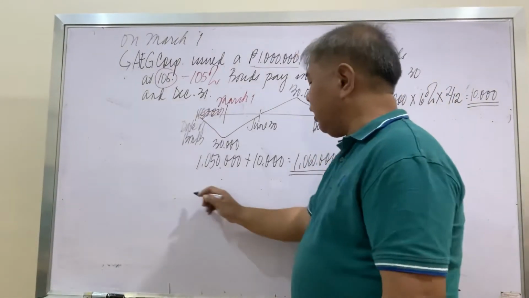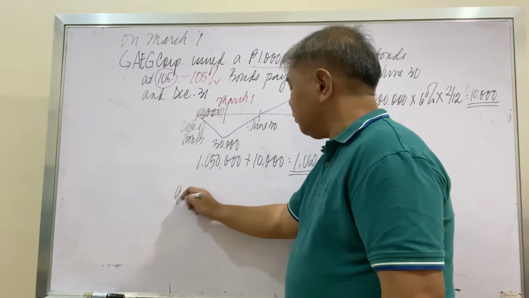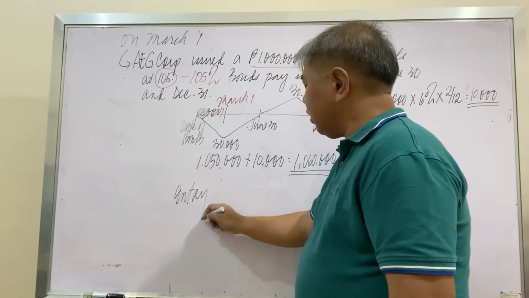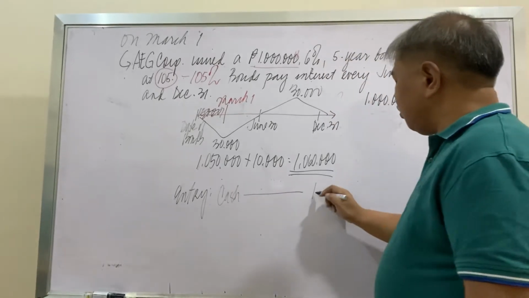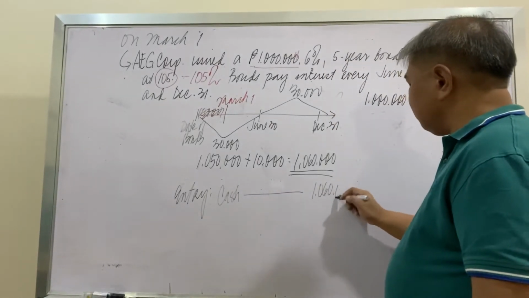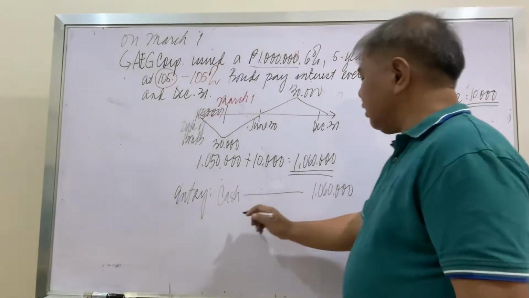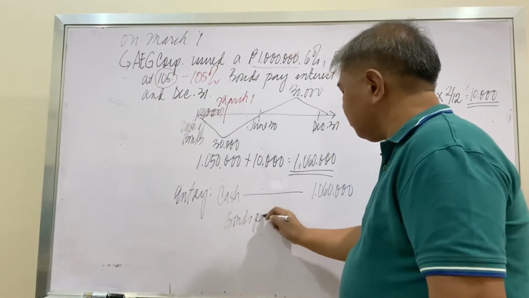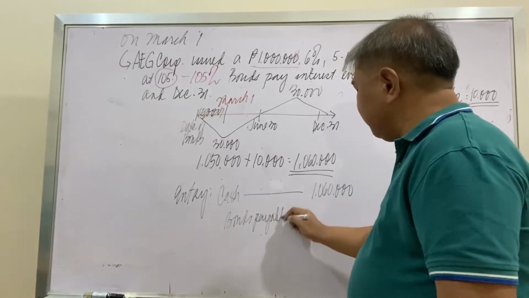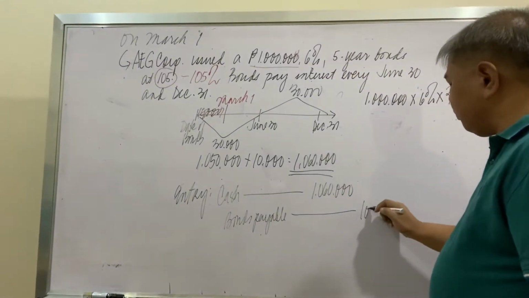So what will be the entry for this? The entry would be debit cash for 1,060,000, and credit bonds payable, the face amount of the bond, which is 1 million pesos.